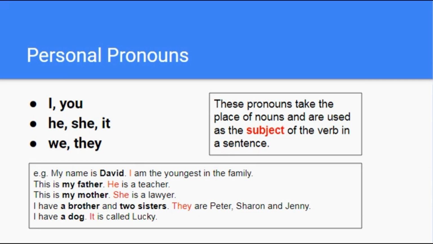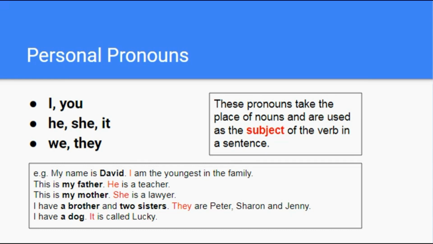So usually pronouns are used in the second or third sentence of your introduction, which means that you must know about whom you're talking, right? So you must know that you're talking about your father or your mother or your brother or sister. You can use a pronoun for them. For example, this is my father, he is a teacher.